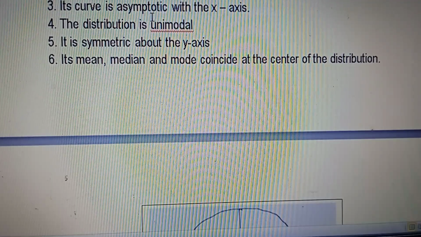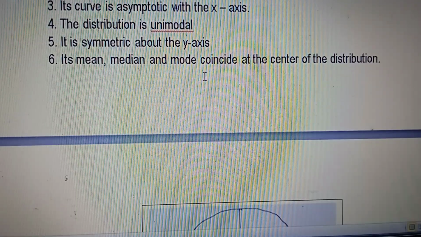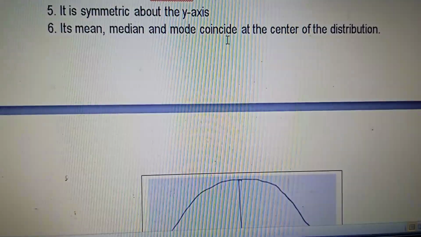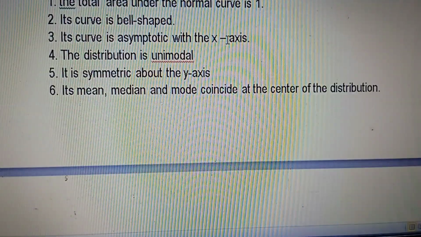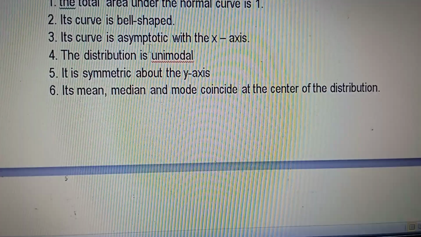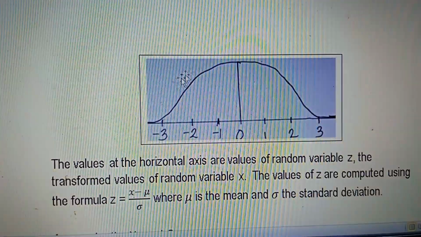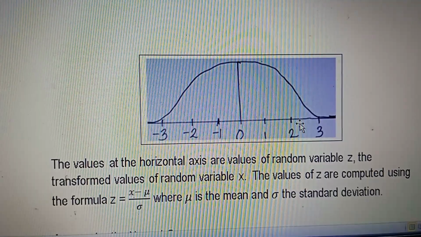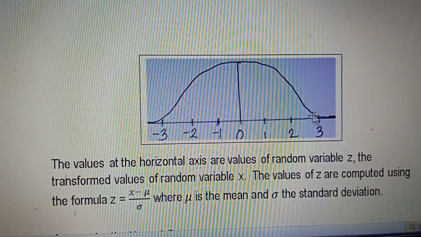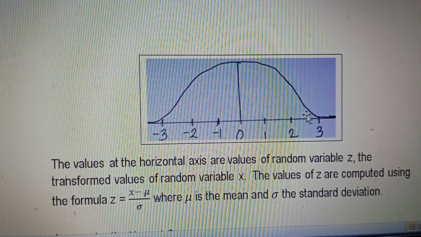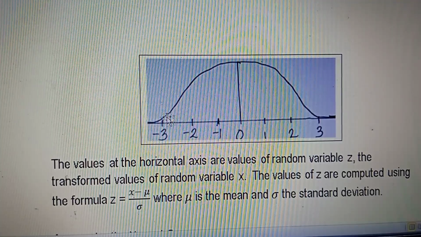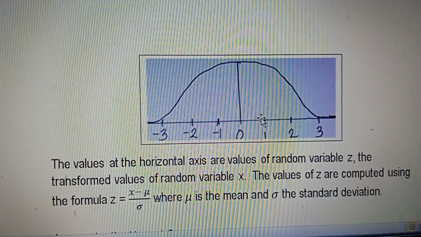Number 3, its curve is asymptotic with the x-axis. So this is the x-axis, and you know the asymptote approaches the x-axis but does not touch. It just approaches but never touches.